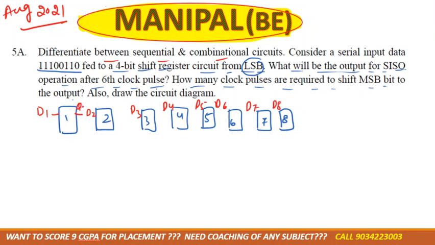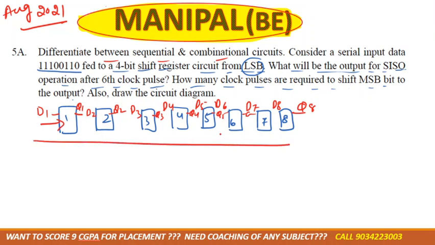So output is Q1, Q2, Q3, Q4, Q5, Q6, Q7, Q8, right? Then we need to provide the clock pulse. Provide a common clock pulse like this. Understood? I'm drawing roughly. Okay?